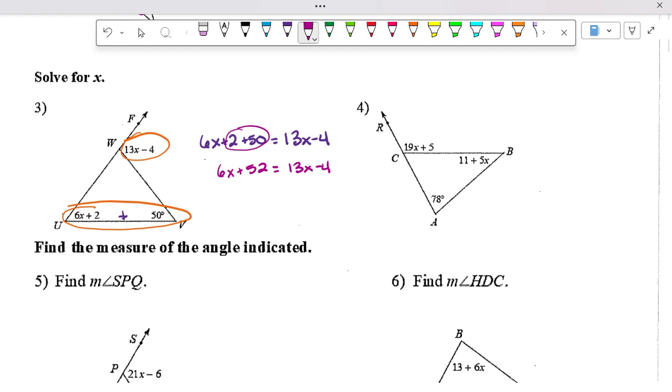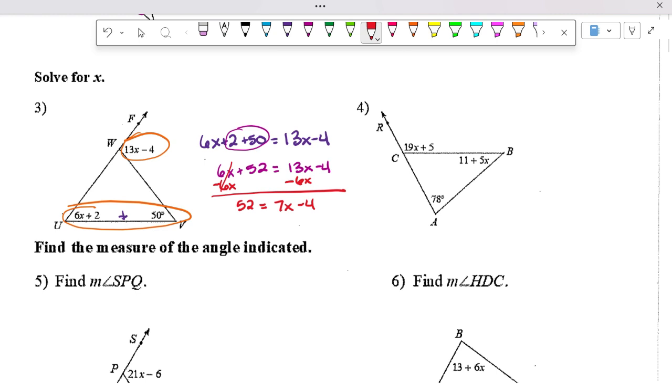So how do I move an x over? I'm just going to subtract one of them over. I typically subtract the smaller one, so I'm going to subtract the 6x, just so we're not dealing with negatives. So 52 is equal to 7x minus 4. And now we got ourselves a nice little two-step equation.